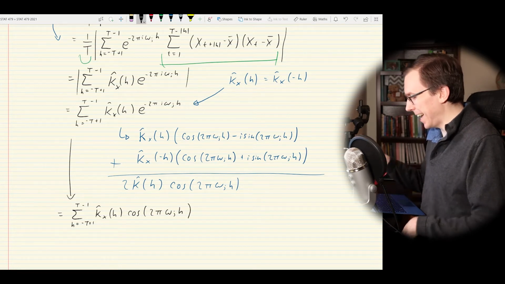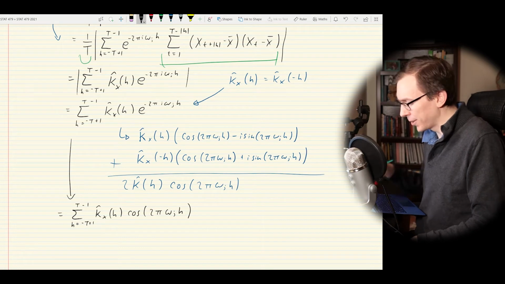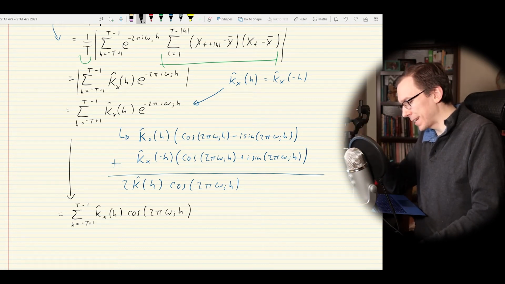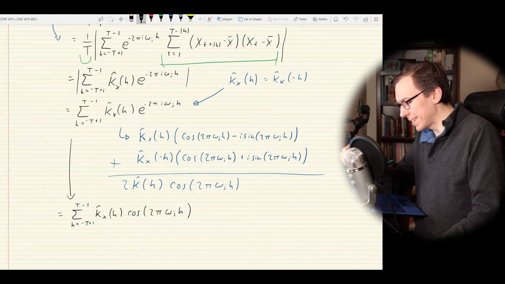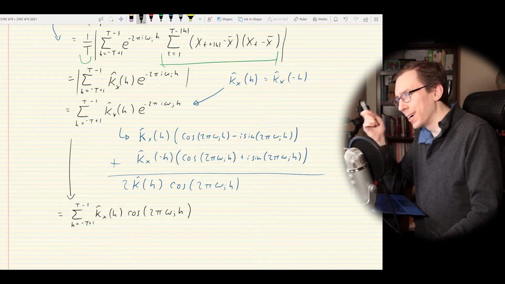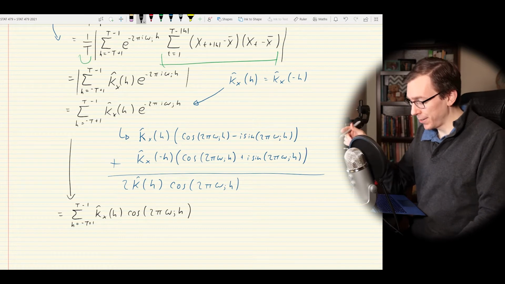And I think I haven't lost any terms, hopefully. Oh, and technically there's no 2 in front of this because I'm summing both the positive and negative indices here, h from minus t plus 1 to plus t minus 1. Cool, so there's a couple things to note here.